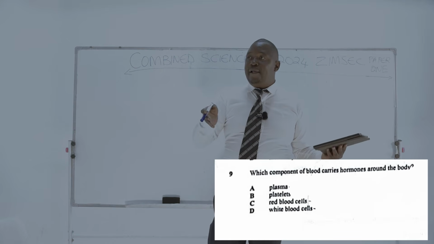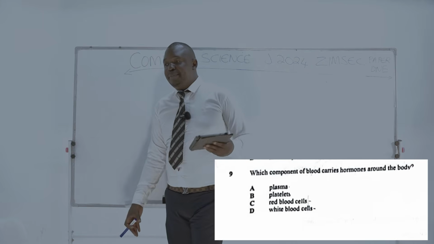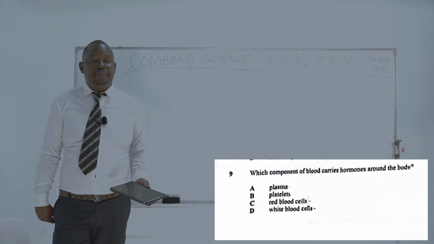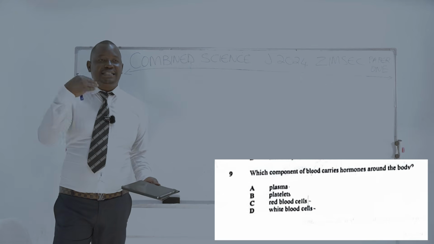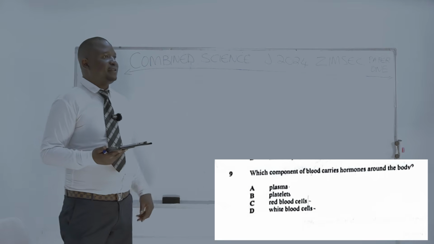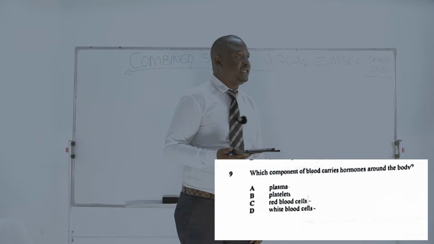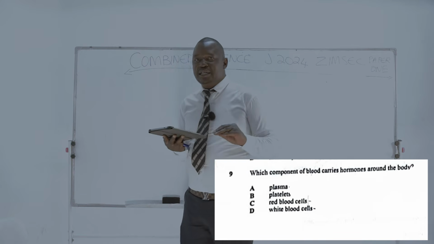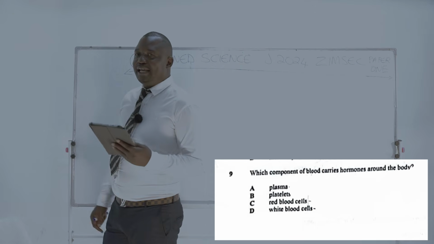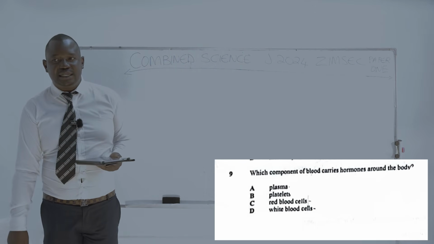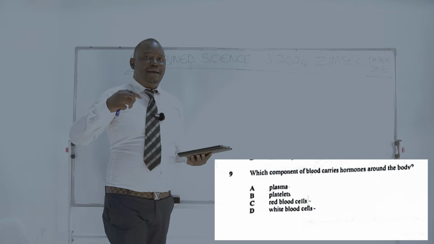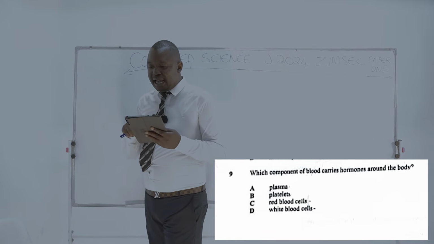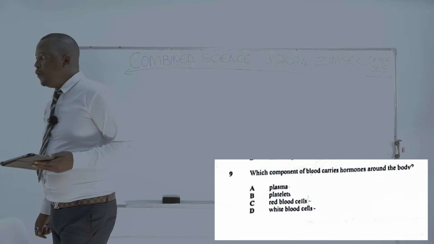If you still remember the first topic in combined science and biology, cell structure and function, where we described red blood cells: they are biconcave discs, non-nucleated, and contain a protein, hemoglobin, etc. And white blood cells are responsible for maintaining the sovereignty and the territorial integrity of the body by fighting against pathogens, the disease-causing organisms, in the human body.